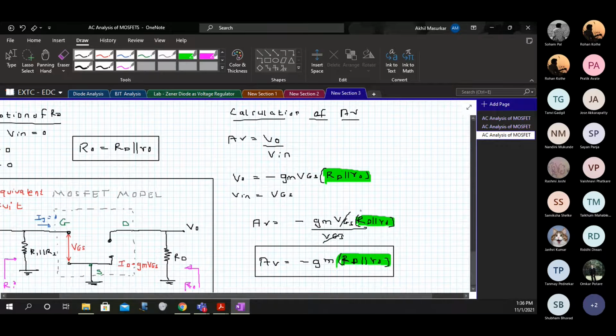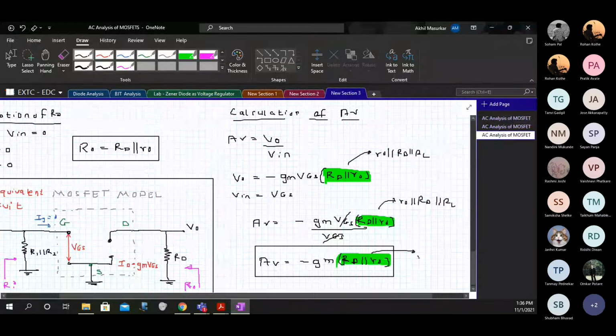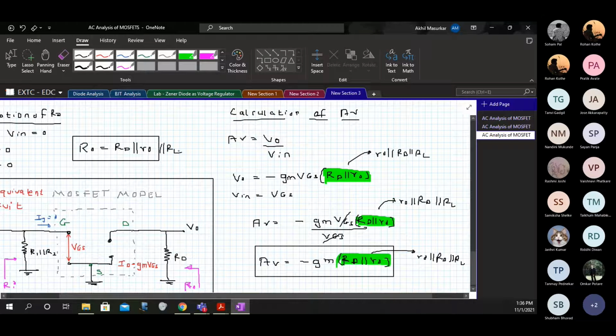And now the gain equation will change. So this will become R0 parallel to RD parallel to RL. And this will be also parallel to RL.